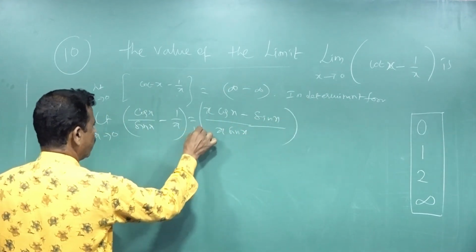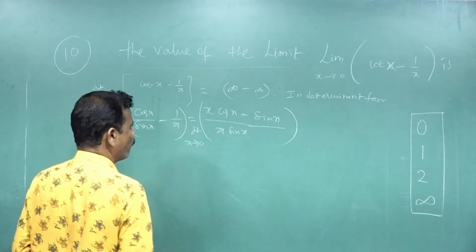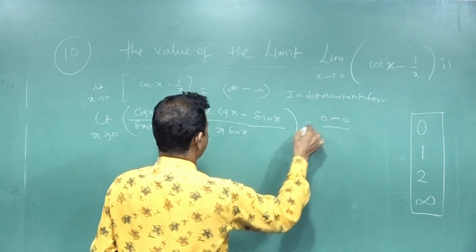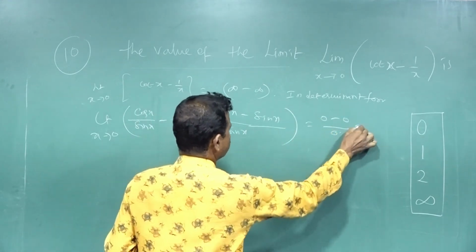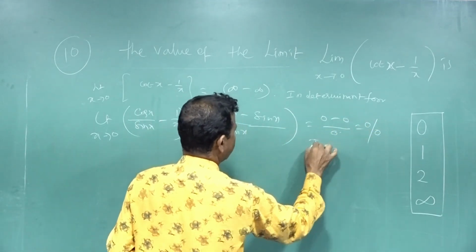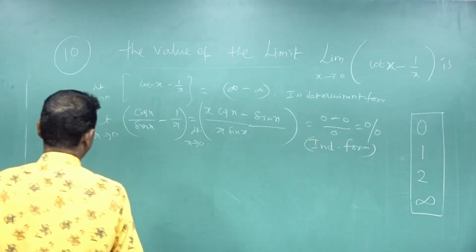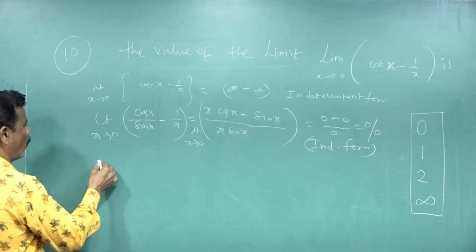Now apply the limit as x tends to 0. Here x cos x is 0, sin 0 is also 0, and x into something is 0. It is also 0 by 0 form, indeterminate form, so we use L'Hospital's rule.